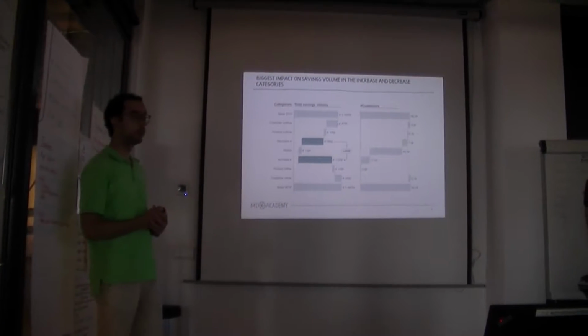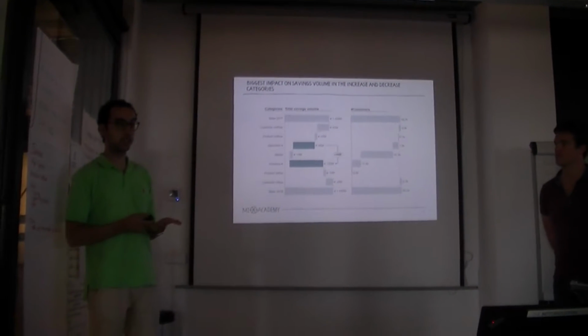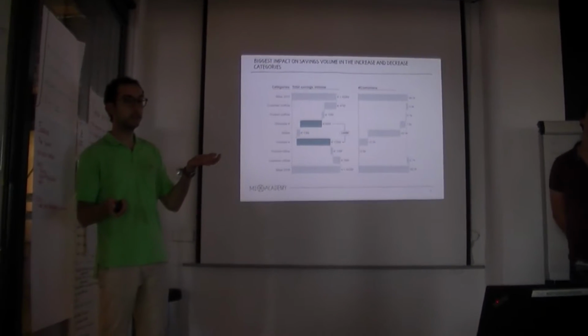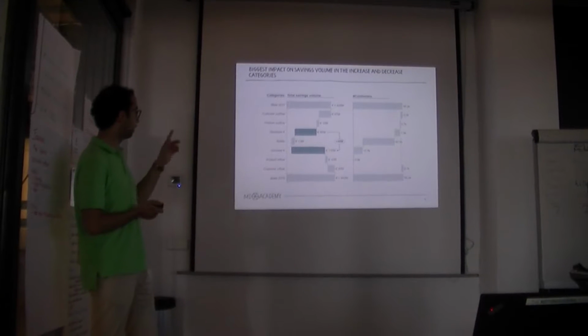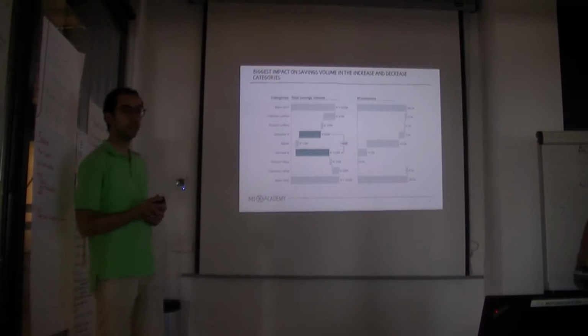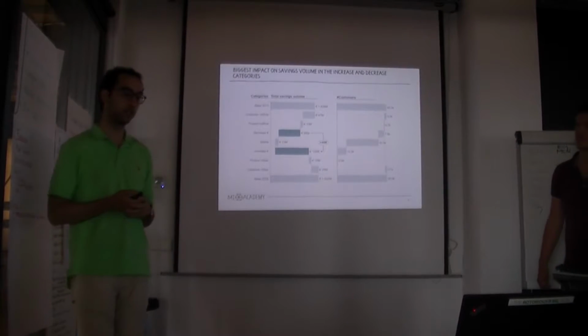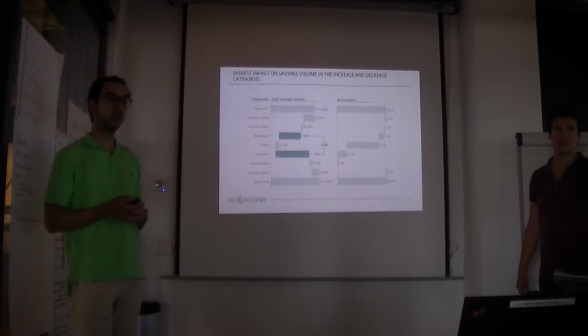Then a product outflow and product inflow, which means that the customer has a savings account in both years, 2017 and 2018, but the number of savings accounts changed. And then the decrease in euros or the increase in euros, which means that a customer changed his savings volume by more than 50%.